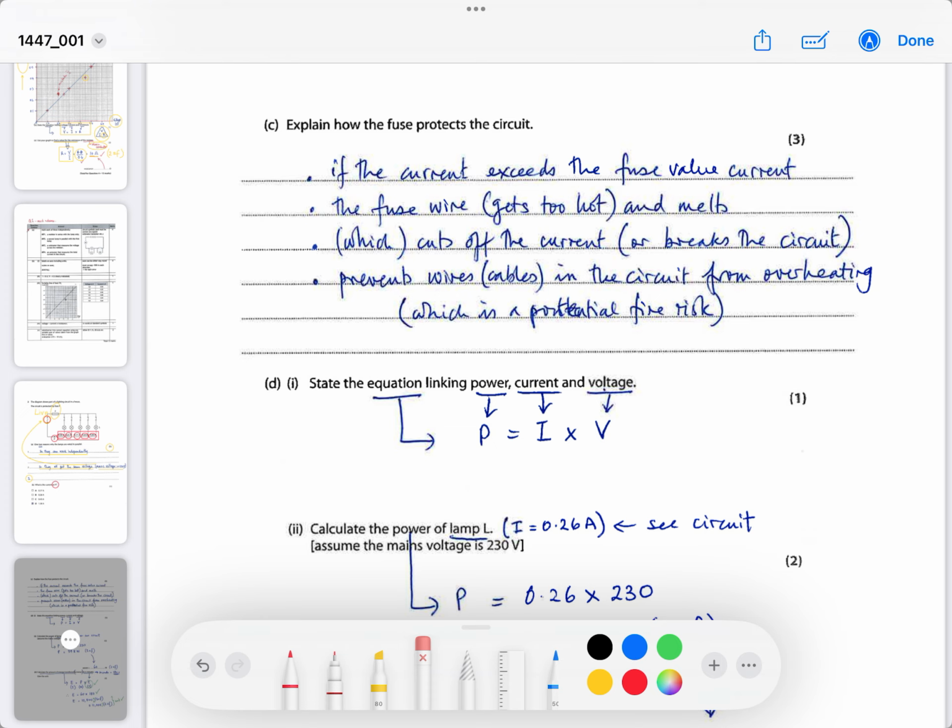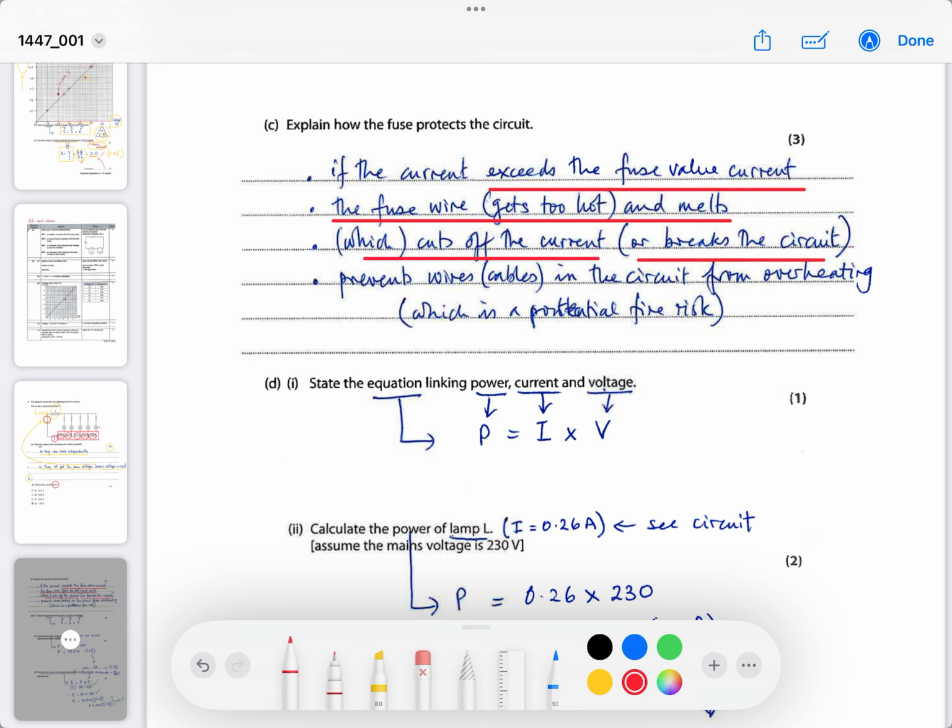So the first thing you need to say is if the current exceeds the fuse value, yeah, or the fuse current, the value of the fuse that you've put in, the fuse wire gets too hot and subsequently melts. This cuts off the current at the live wire, or you could say it breaks the circuit. So it's now an incomplete circuit.